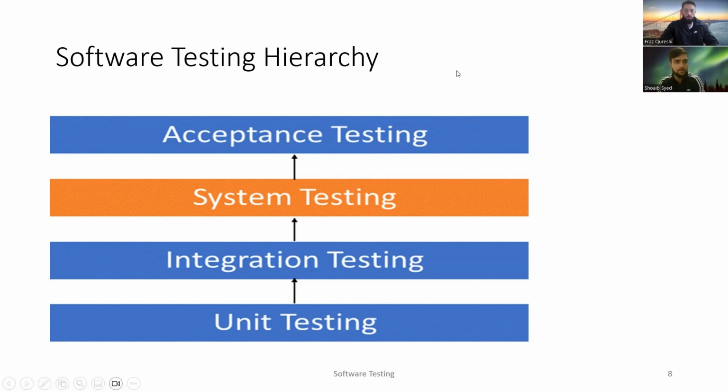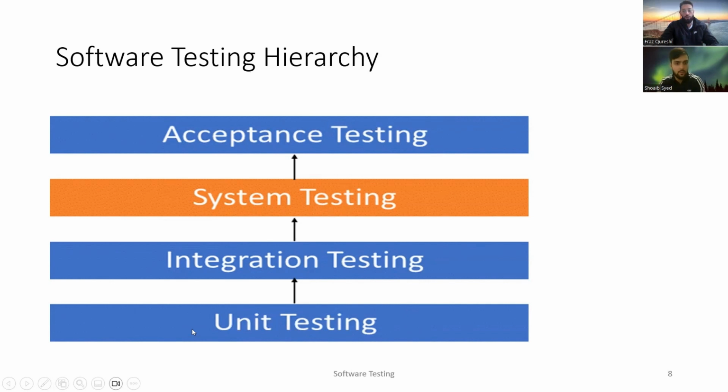Now, here is one more thing, the software testing hierarchy. Again, this is not how it's going to look when we proceed later on in the course, but generally speaking, there are a lot of other steps that take place in between. When we talk about the testing steps, first is unit testing.